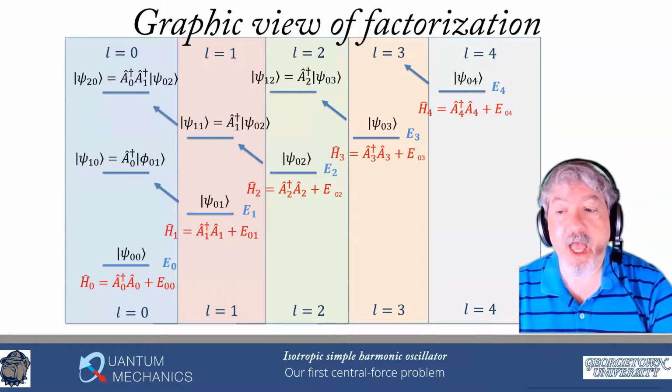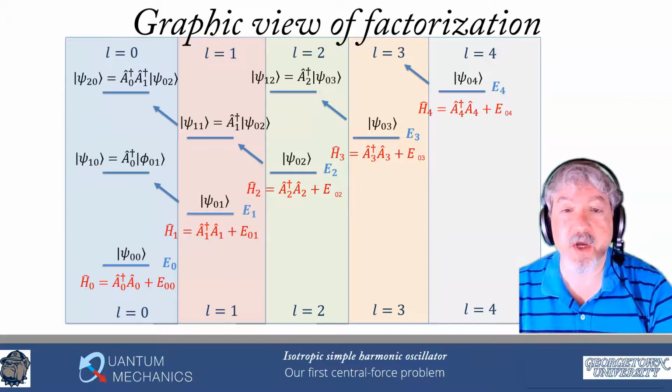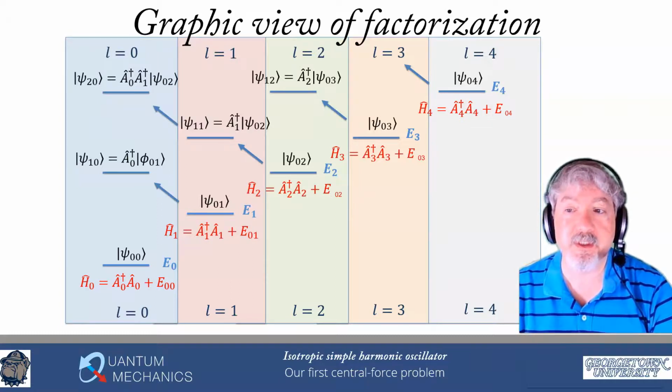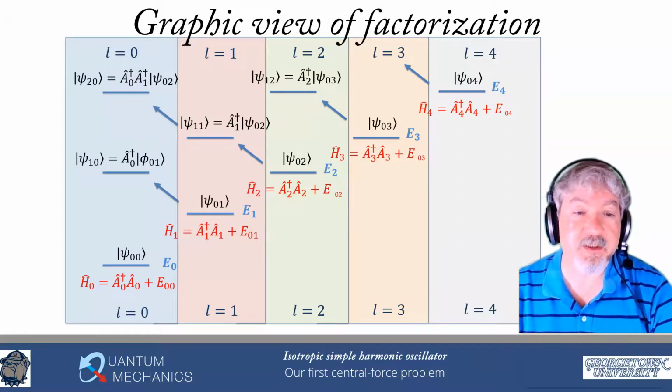Now, you might be looking at this and saying, uh-oh, I'm kind of confused. This looks quite different from the way it looked when we were doing this with our auxiliary Hamiltonians. When we did a shift, we went horizontally in energy. Remember, the auxiliary Hamiltonians are exactly these HLs plus H bar omega. So let's look at the L equals 1.